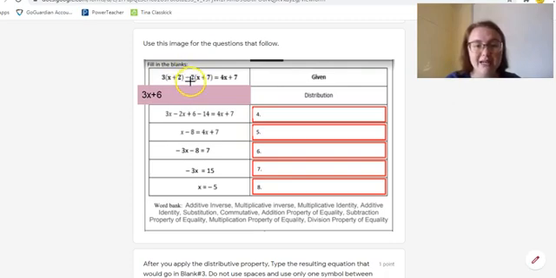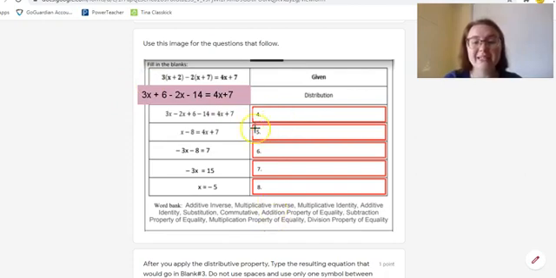Guys, that minus sign there belongs with this 2. So negative 2 times x is negative 2x. Negative 2 times a positive 7 is negative 14. And that equals 4x plus 7. Okay? I'm going to put some spaces in here. It's a little bit easier to read. So that's my distribution step. You guys should be comfortable and confident with distribution because you've done it for the past 2 years. So hopefully that distribution was not an issue for you.